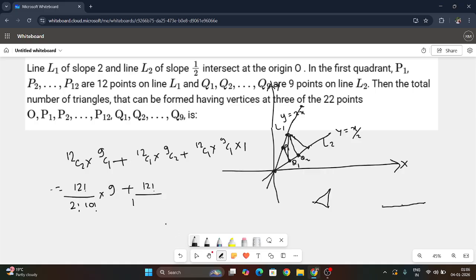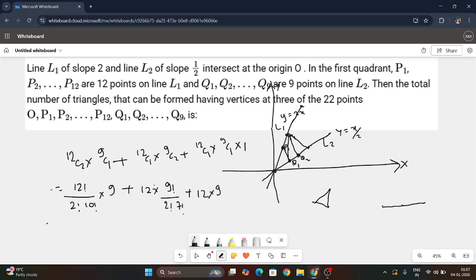So this is going to be 12C2 times 9, plus 12C1 times 9C2, which is 9 factorial divided by 2 factorial and 7 factorial, plus 12 multiplied by 9 and then 1.